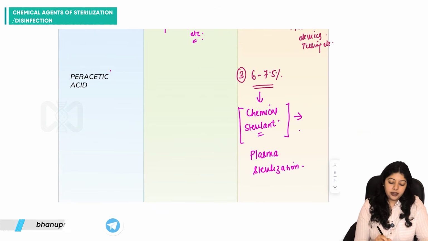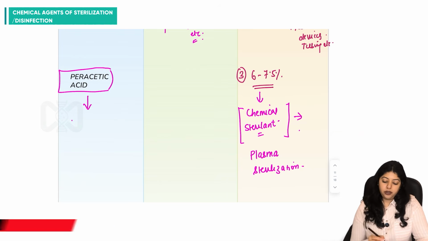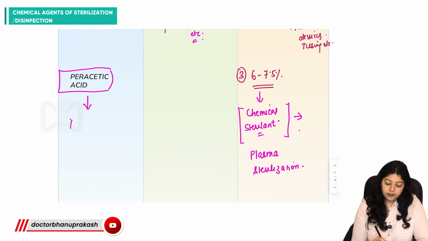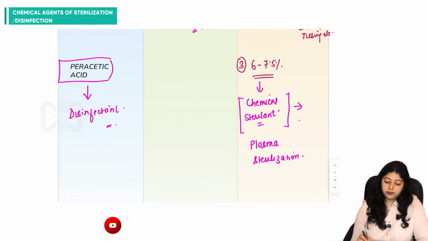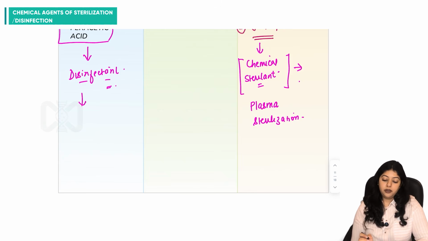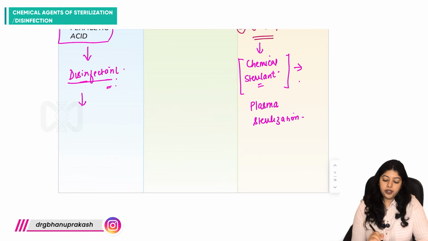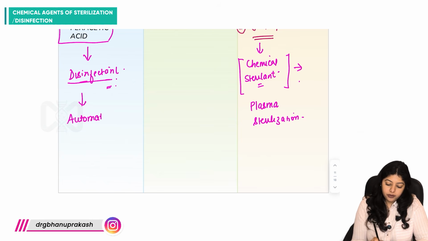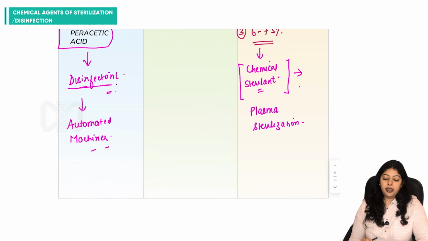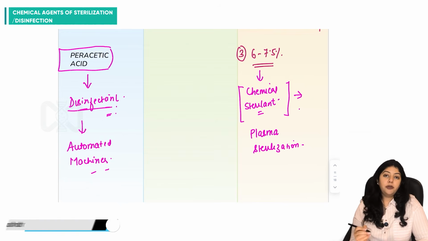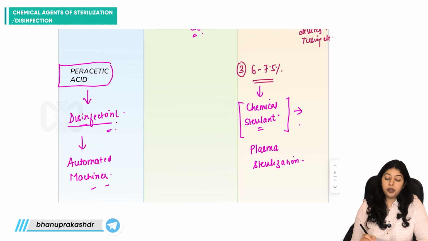And peracetic acid, this can be used as a disinfectant in automated machines, and what are the two important instruments which can be disinfected with peracetic acid?